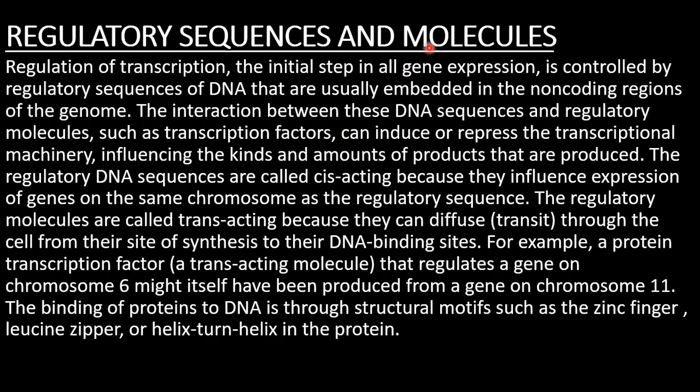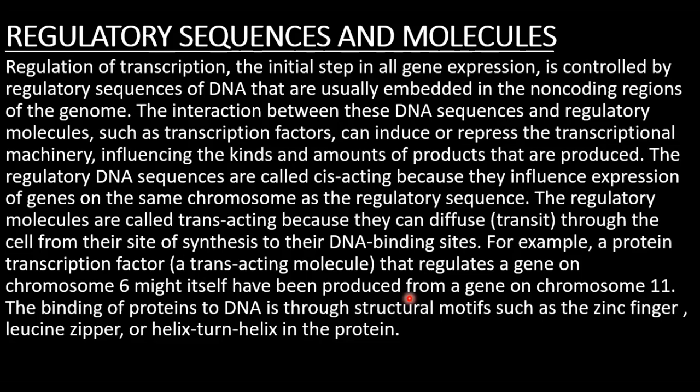But the regulatory molecules, which are mainly proteins, are known as trans-acting because they can diffuse through the cell from the site of synthesis to DNA binding sites. For example, a protein, which is a transcription factor, can regulate a gene on chromosome number 6, but itself was produced from a gene on chromosome number 11.